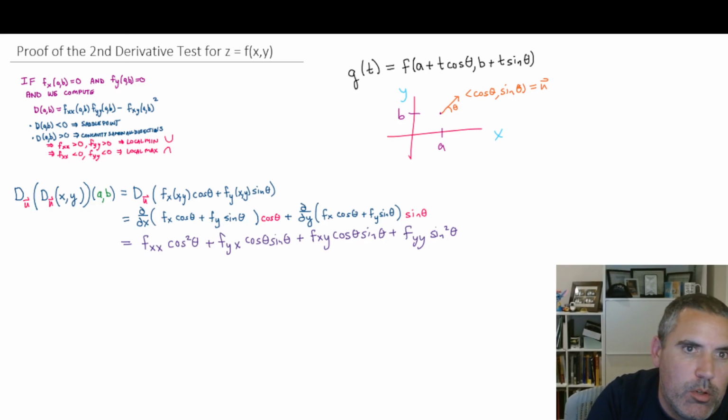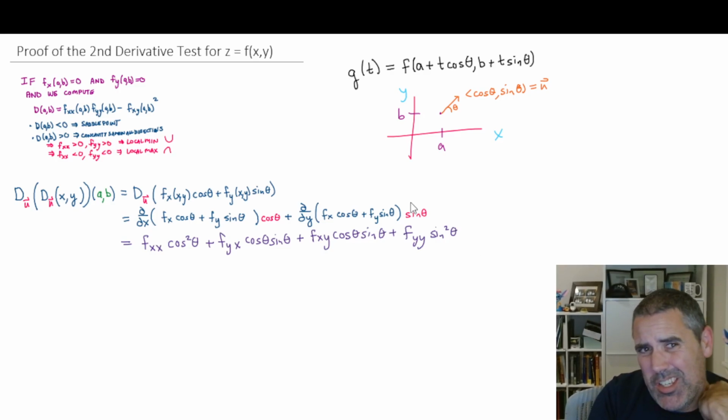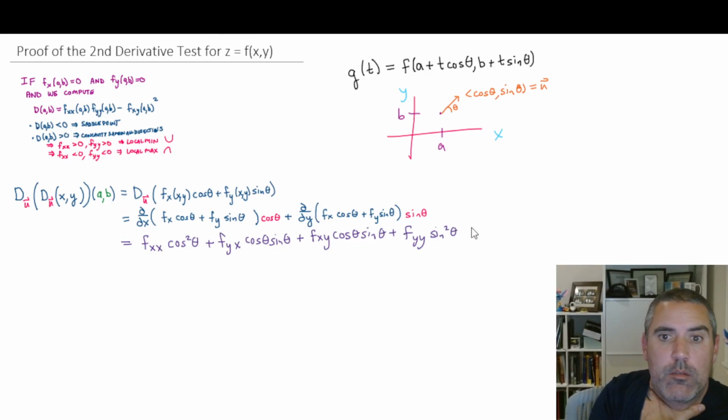Is it concave up in all directions, for all theta? So that seems kind of challenging. So if it's positive for all theta, then it's concave up in all directions. If it's negative for all theta, then it's concave down in all directions. And if it changes, it's a saddle point. So that's really what we're trying to do, is just figure out if this thing is positive or negative.